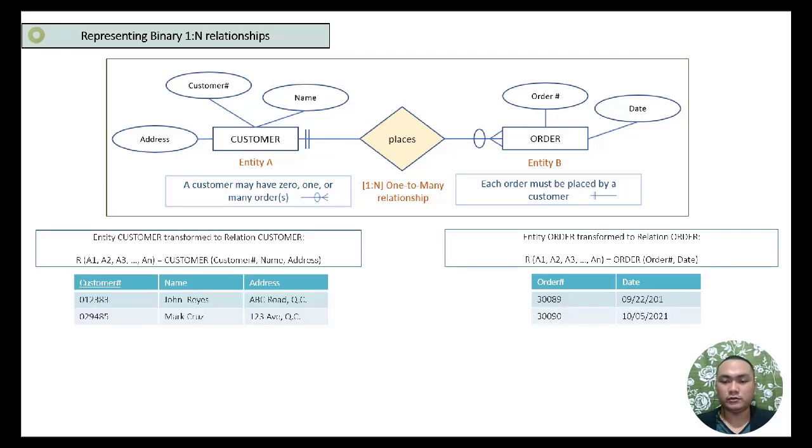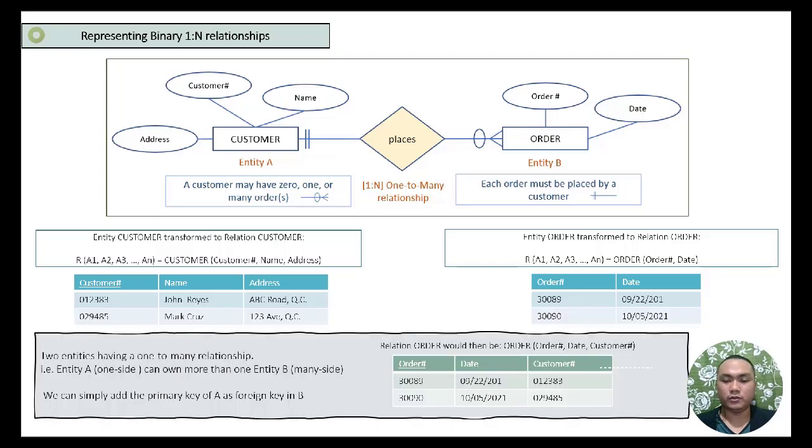To represent the relationship between these two tables, we can simply add the primary key customer number from relation customer as a foreign key to the relation order. The relation order will now have the schema order with the fields order number, date, and customer number.